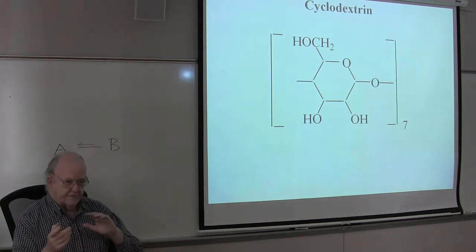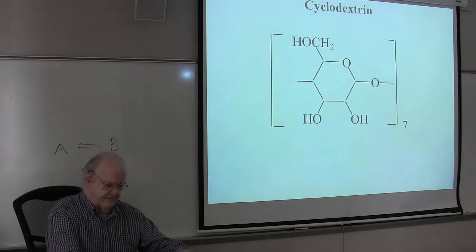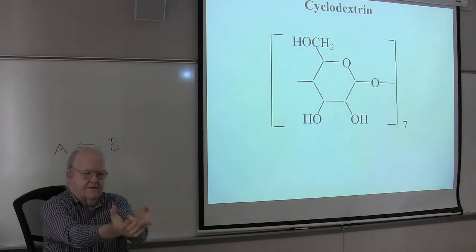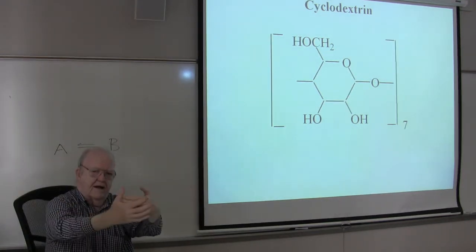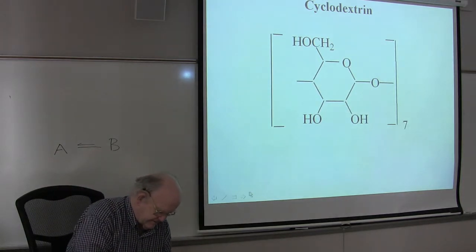There are actually 3 different cyclodextrins. Cyclodextrin is these glucose rings which are connected together to form, well, let me show you the picture.